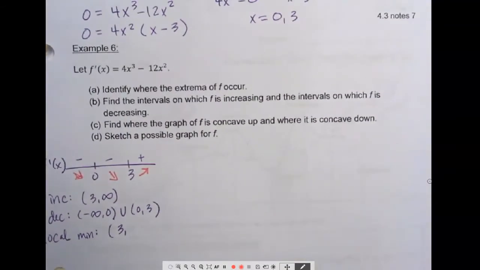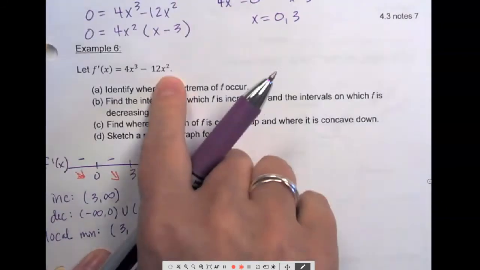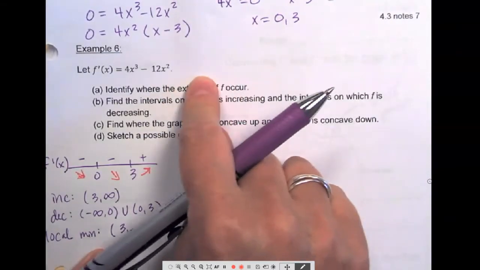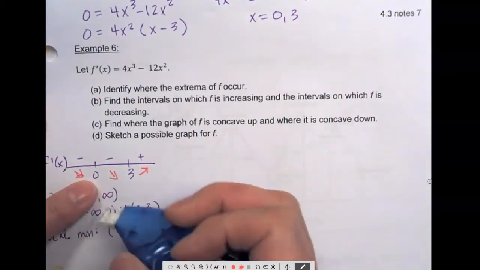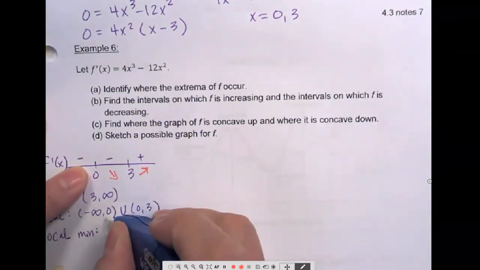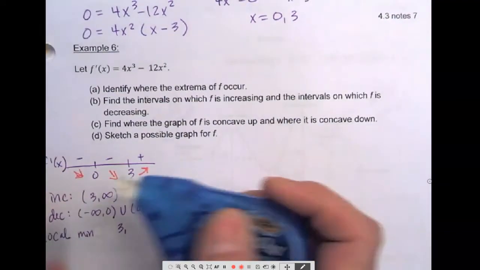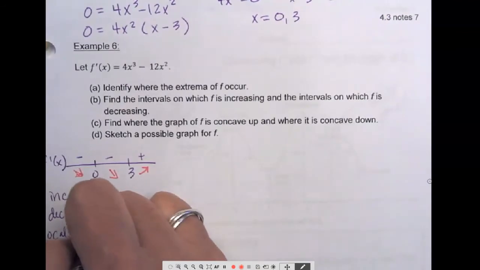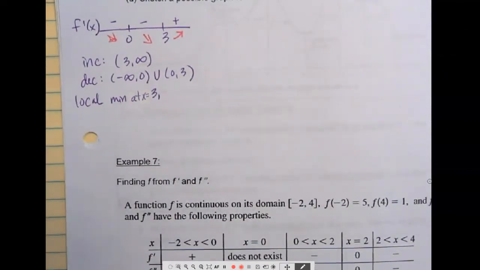Okay, so can I plug in 3 to the original function? No, because remember there could have been a constant at the end where the derivative was 0. So I'm going to change that to just x equals 0, because I don't have the full original function.